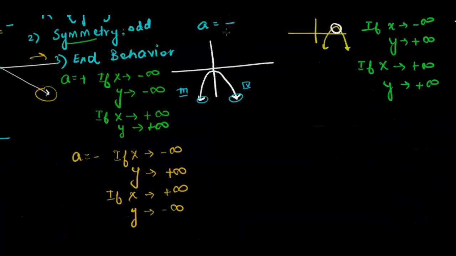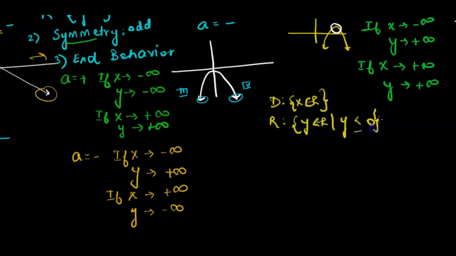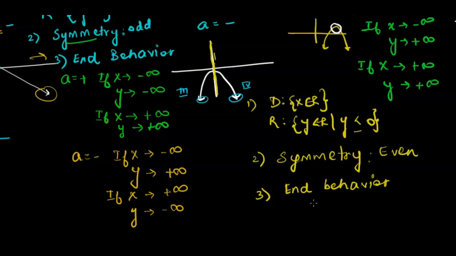When it comes to a negative, then domain is x ∈ ℝ, range is y ∈ ℝ, where in this case y is less than or equal to 0 because it's opening downwards. Symmetry is still even because it's symmetrical about the y-axis, and this is the y-axis. Third we have end behavior. When it comes to end behavior, we look at the endpoints.